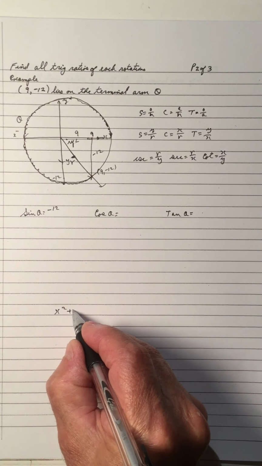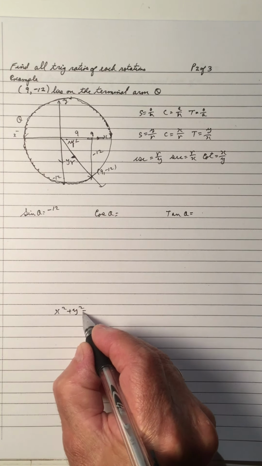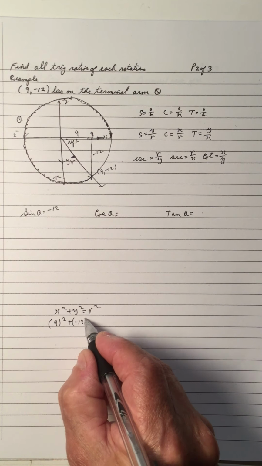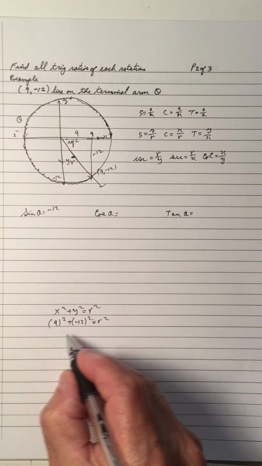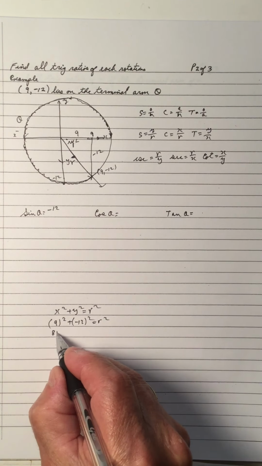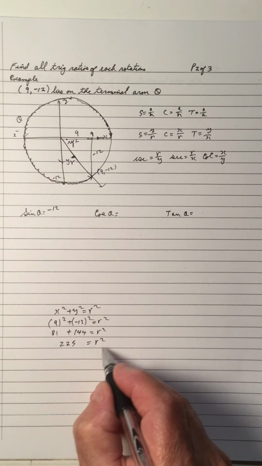X squared plus y squared equals r squared. And the x is 9. The y is negative 12. 81, negative 12 squared is 144. That adds up to 225, r squared.